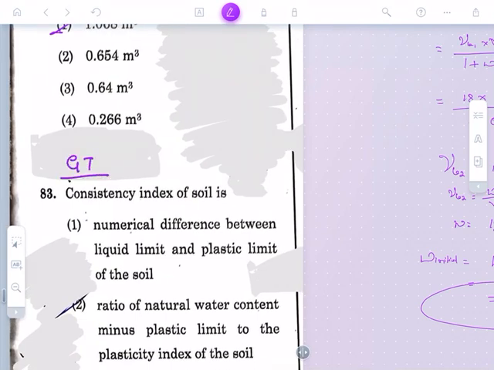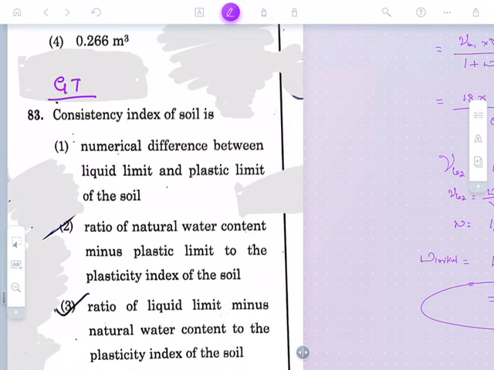Again, next one, a beautiful question from the geotechnical engineering topic, that is: what is consistency index? So let me read out the options. The numerical difference between liquid limit WL and plastic limit WP is nothing but plasticity index.